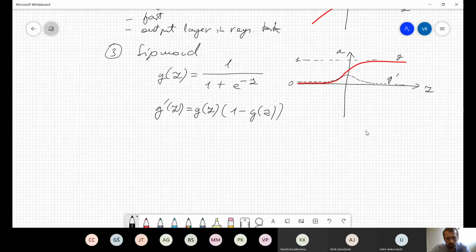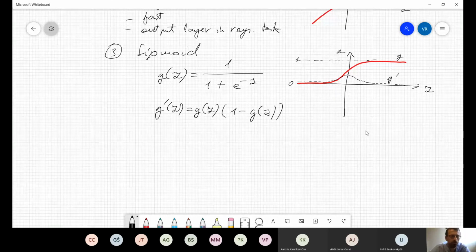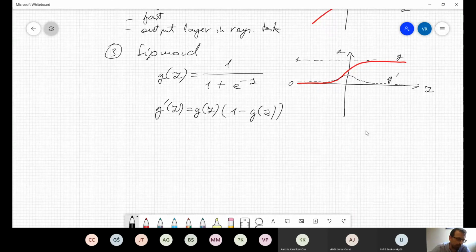So if you start using sigmoids on the hidden layers, most probably you will get into vanishing gradients. The gradients just go away, and you would be training mostly the upper layers, the output layer and the one before it, but the first layers will not get any updates at all.